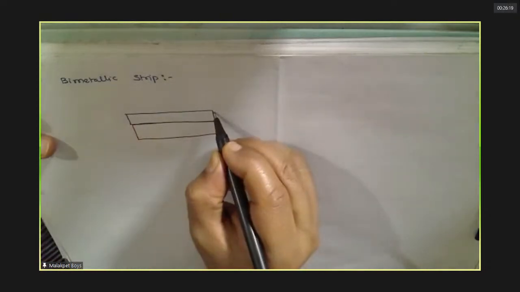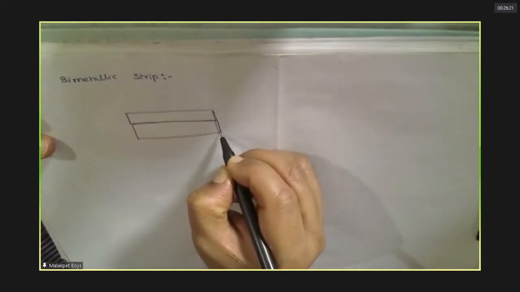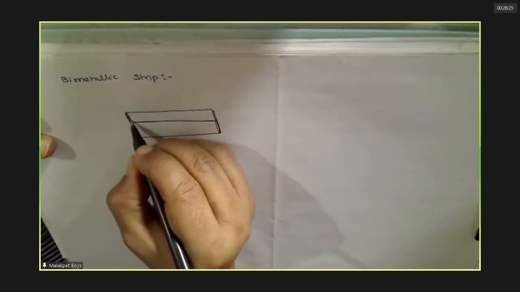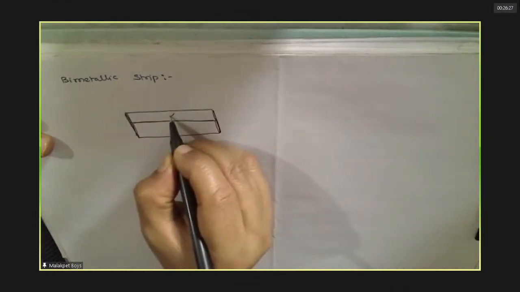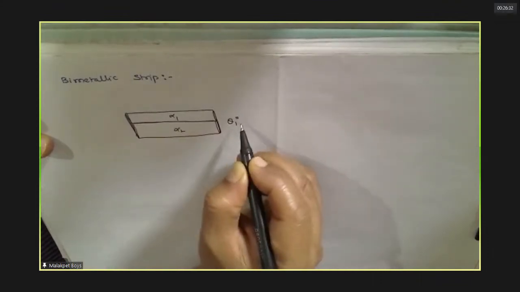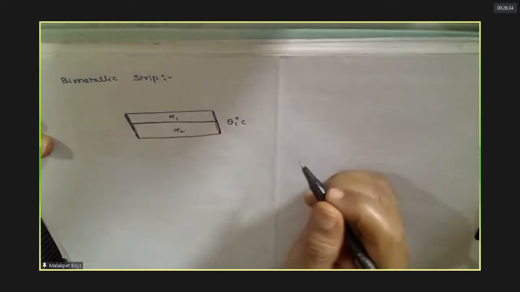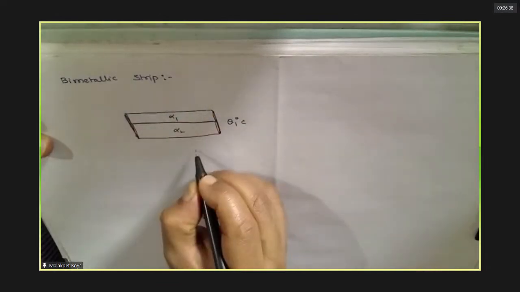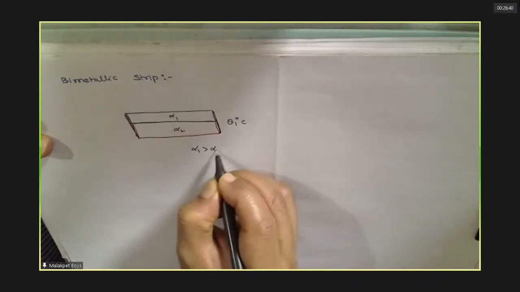Now, you will be keeping clamps at the ends so that it cannot expand further. Okay, so this is alpha 1, this is alpha 2. This is at temperature theta degrees Celsius. When you heat it, this upper one tries to expand. Say, for example, alpha 1 is greater than alpha 2.